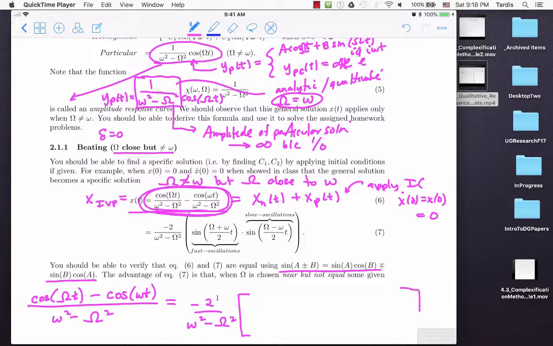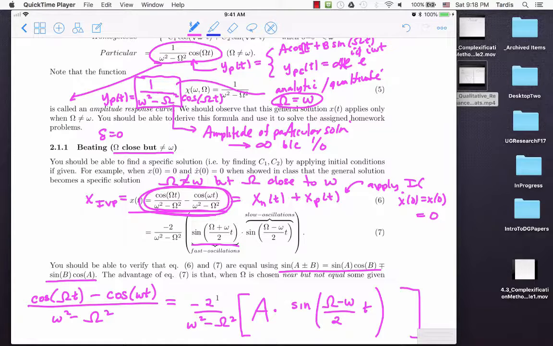Here's what I'd like to write here. There is a term, what I put here, these fast oscillations. You can think of this as amplitude A times the sine of capital Omega minus little omega over 2 times t. That's what works out because of the trig identity.